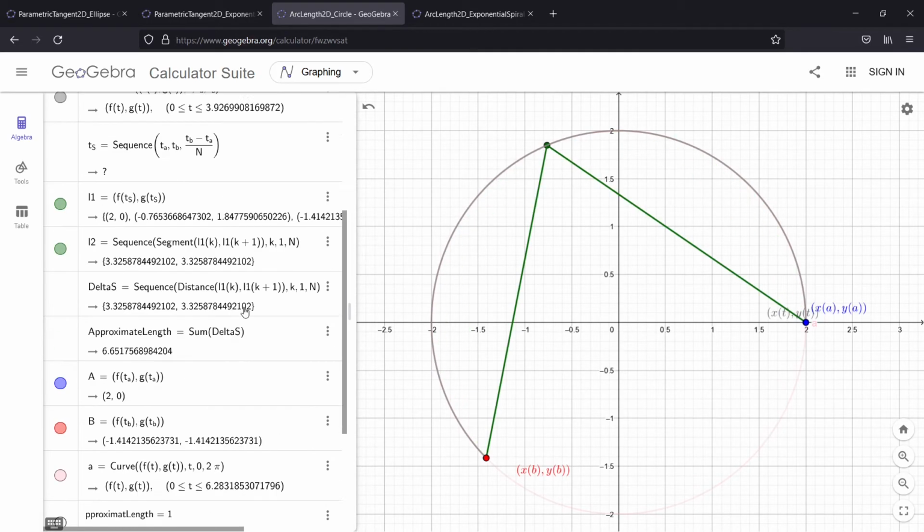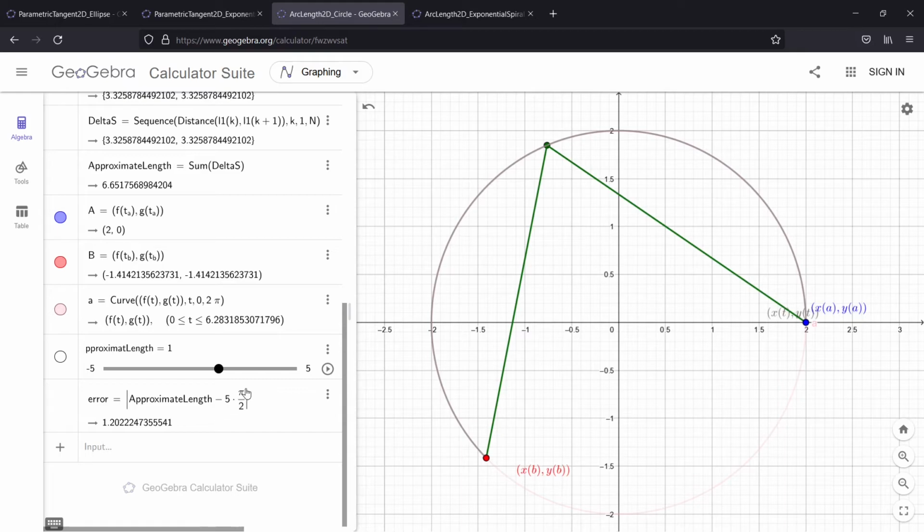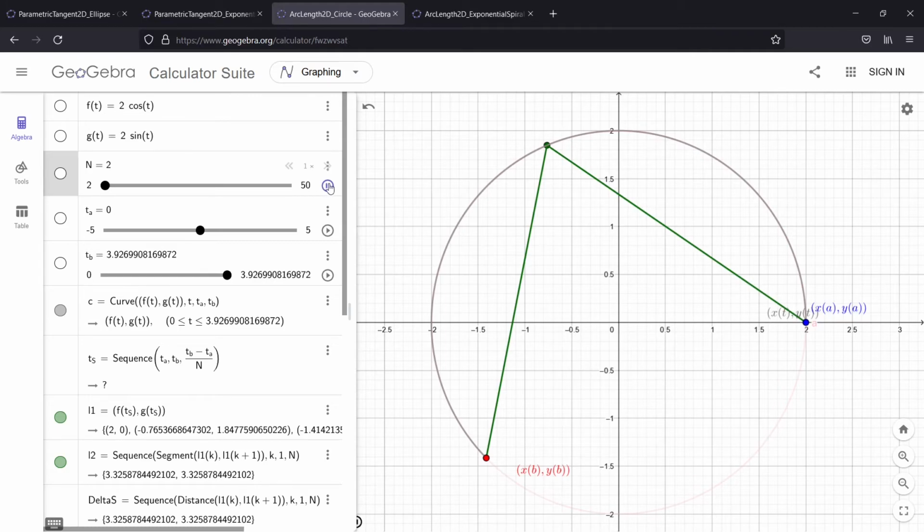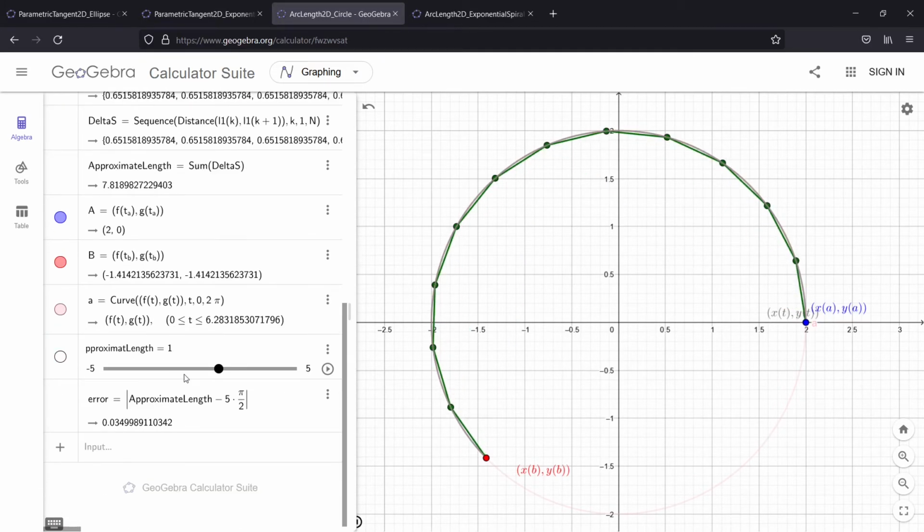And because we calculated the exact value, 5 pi over 2, I put in an error value, which is the approximate length minus the exact length, to show you really how well this is doing as we go from 2 points in the partition up to 50 points in the partition.